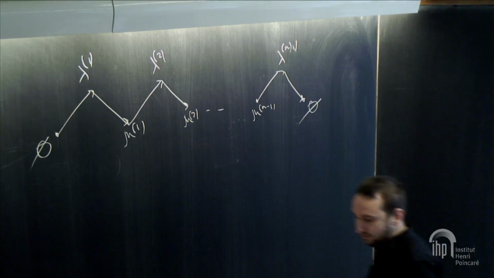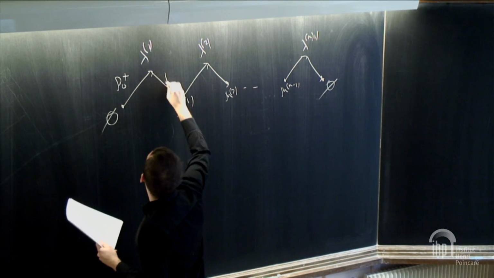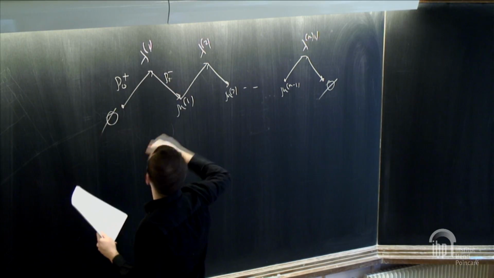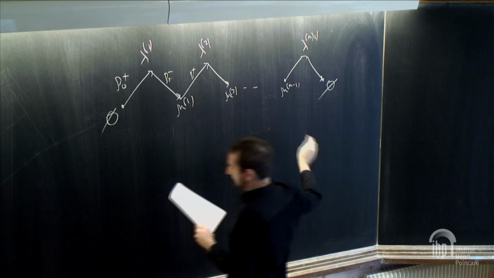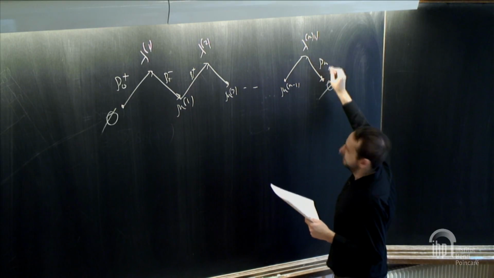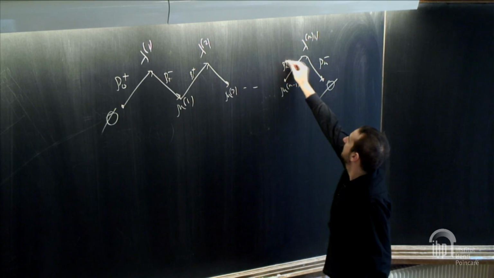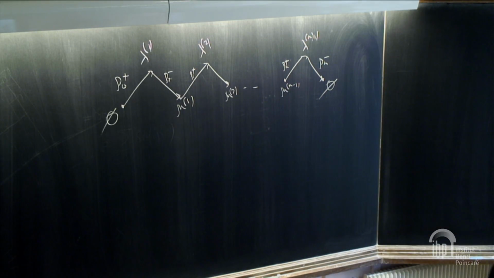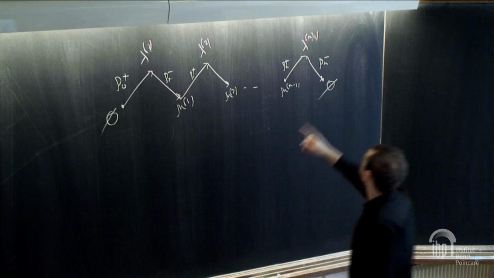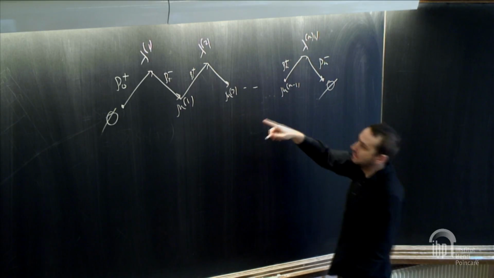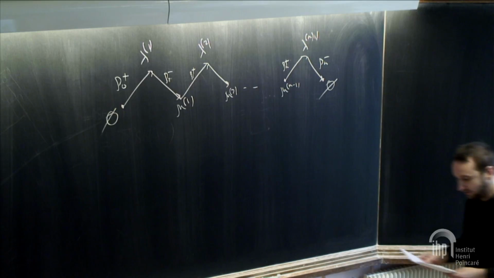And we have some specializations: rho 0 plus, rho 1 minus, rho 1 plus, etc., and it ends with rho n minus, rho n plus. Now what this picture means is that you have a probability distribution on all these lambdas and mu's. Altogether there are n lambdas and n minus 1 mu's, so we have 2n minus 1 Young diagrams altogether.